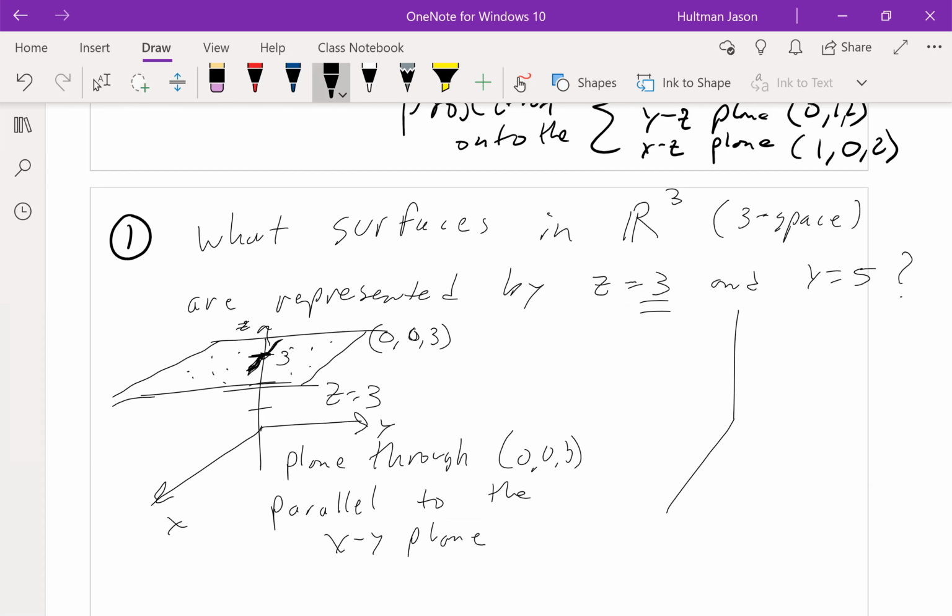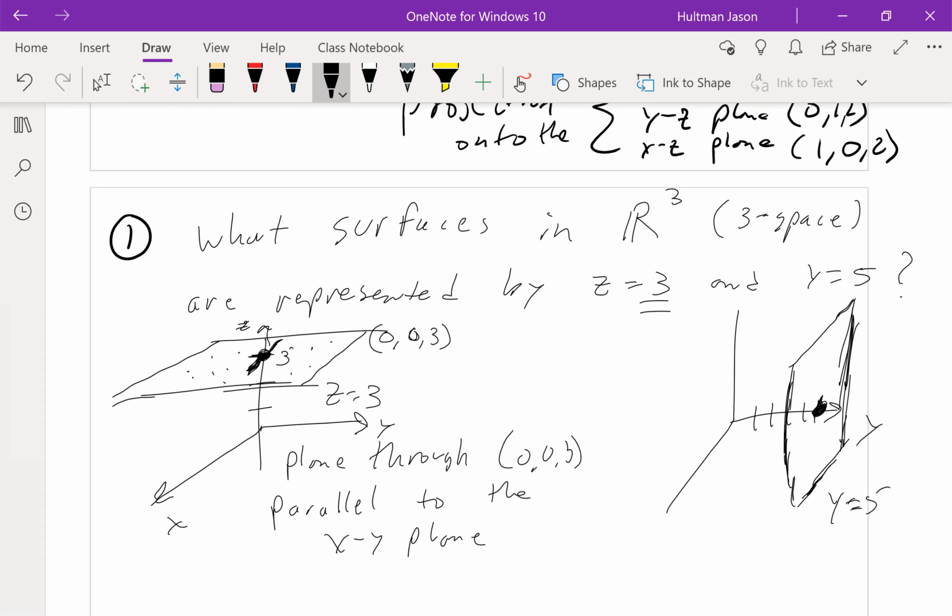Okay, what about Y equals 5? Very similarly, we're going to go out in the Y direction 5, 1, 2, 3, 4, 5, and we're going to have a plane that slices through Y equals 5. This point here is on that plane, and that goes through Y equals 5.